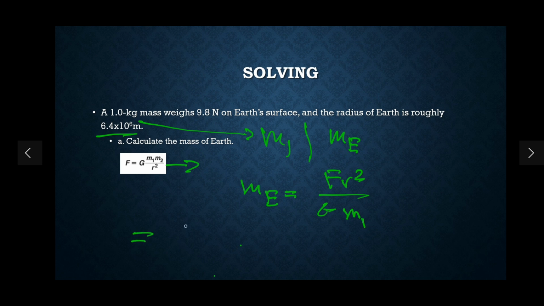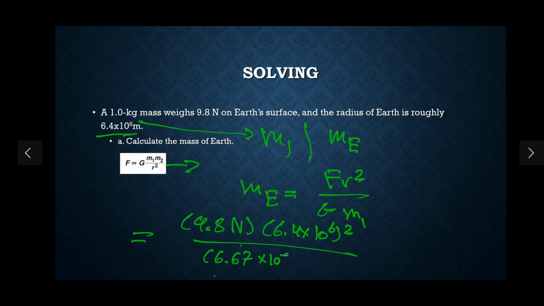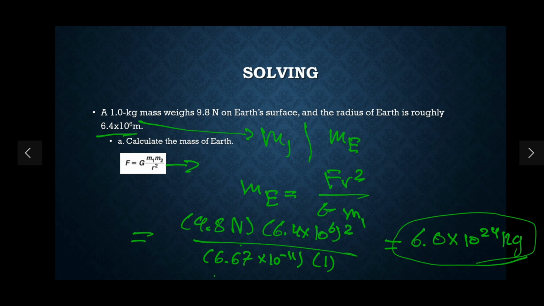Substituting these values gives us 9.8 newtons times 6.4 times 10 power of 6 squared, over 6.67 times 10 power of negative 11 times 1. So this gives us 6.0 times 10 power of 24 kilograms. This value is the mass of Earth.